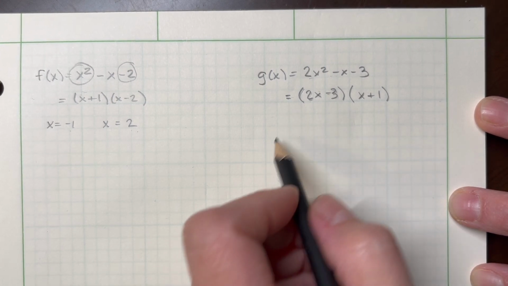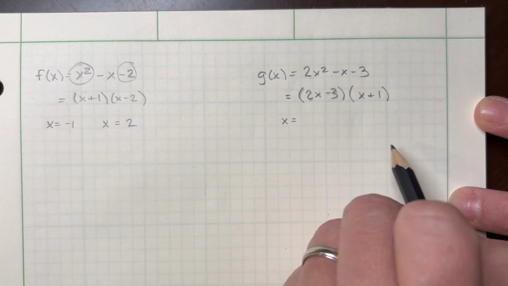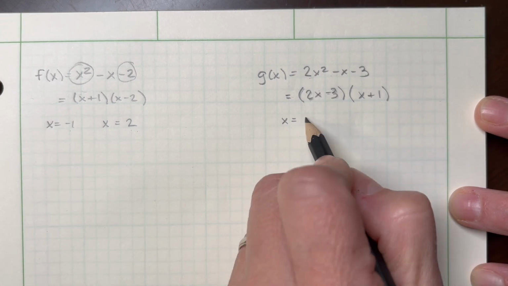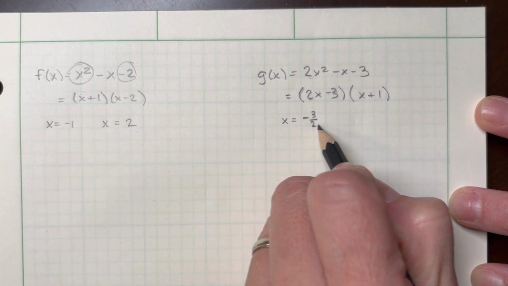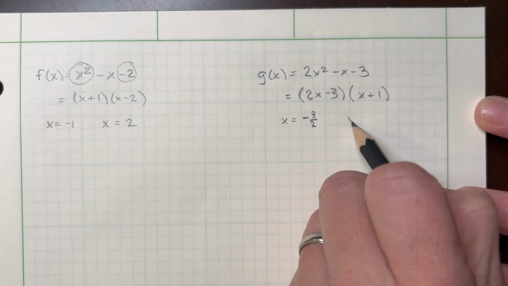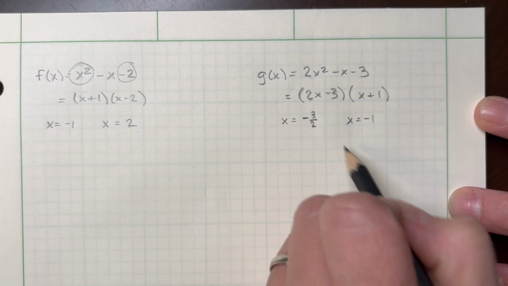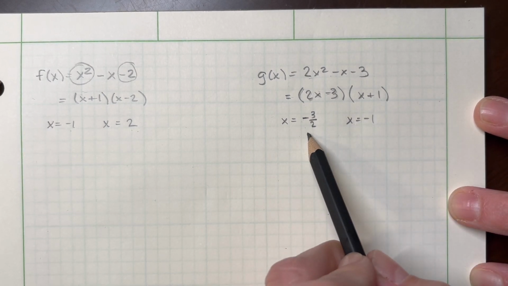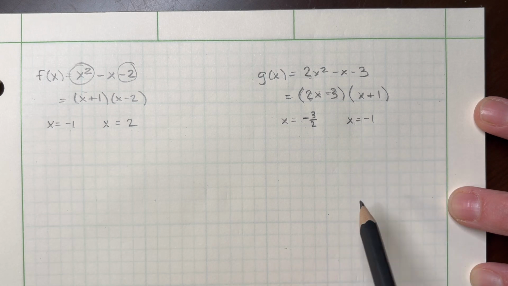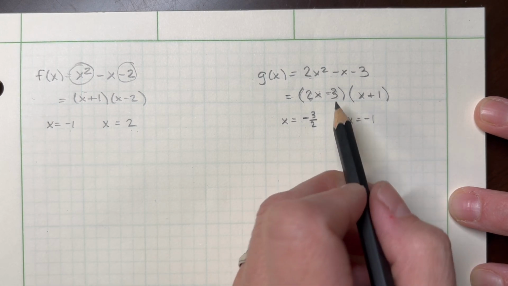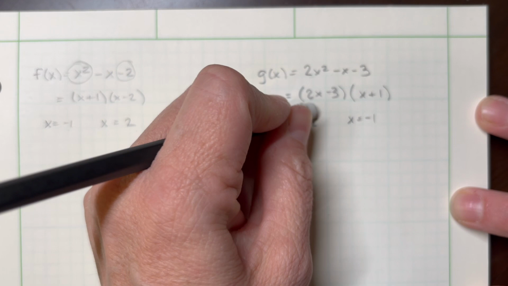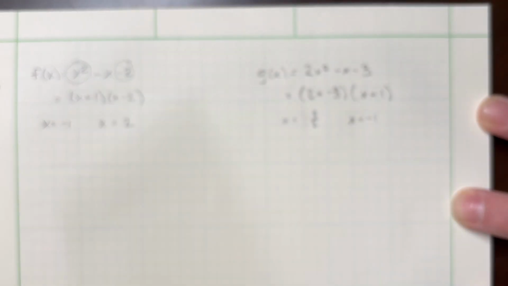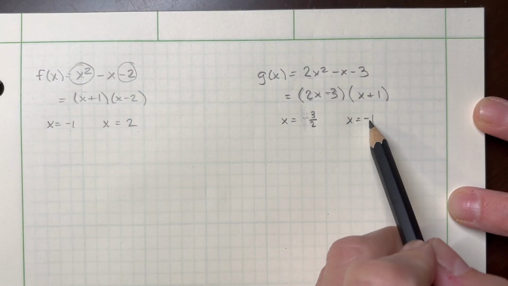And in factoring as follows, there are 2 roots. So at x equals -3/2 or at x equals +3/2. X equals +3/2 or x equals -1.